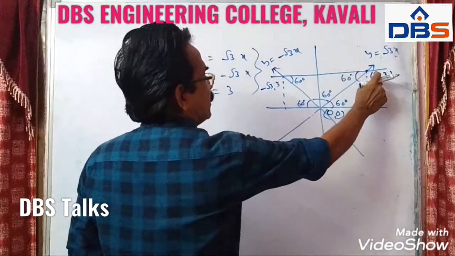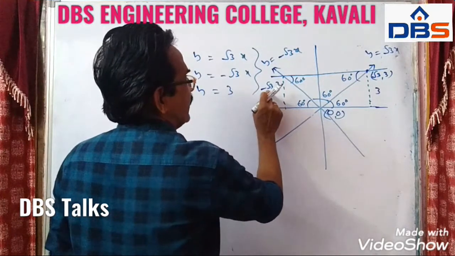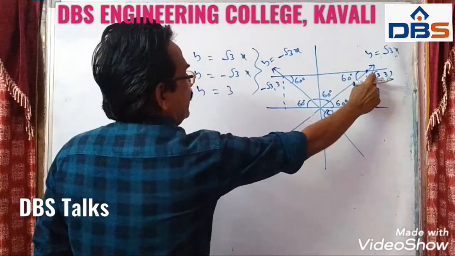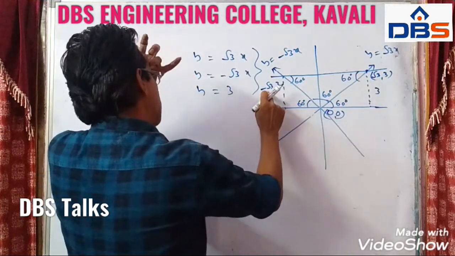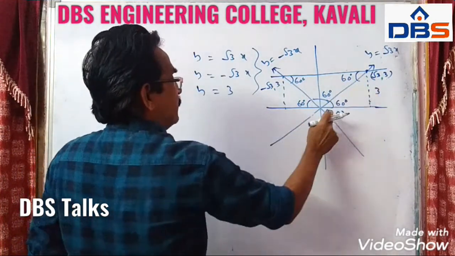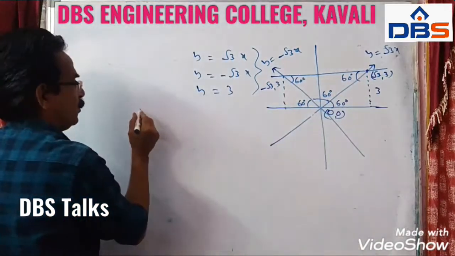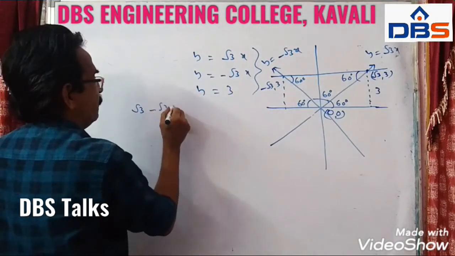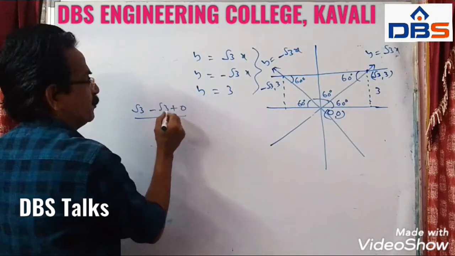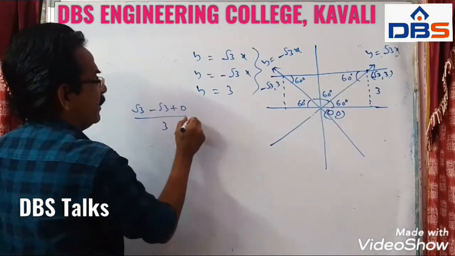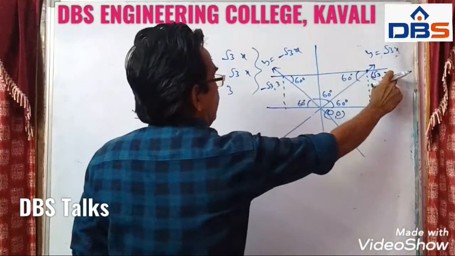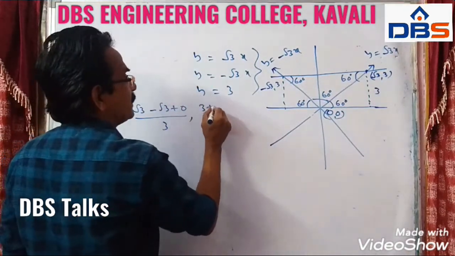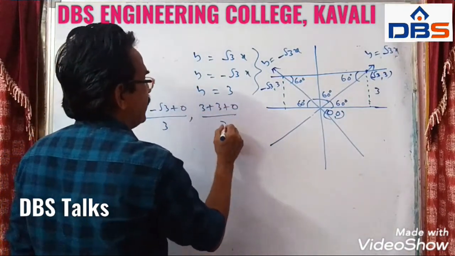Centroid means (x1 plus x2 plus x3) by 3, (y1 plus y2 plus y3) by 3. x: root 3 plus 0 minus root 3, that is 0. y: 3 plus 3 is 6, 6 plus 0, by 3.